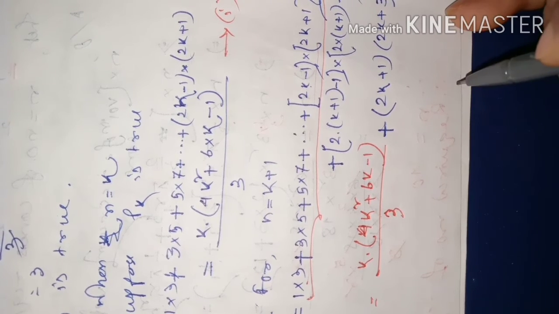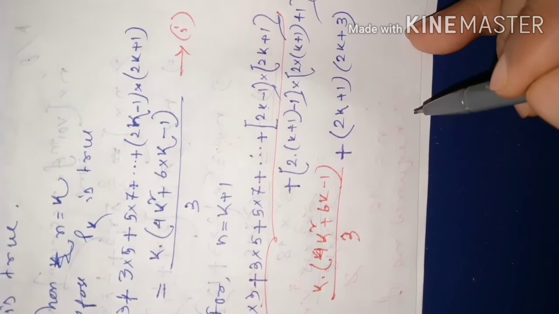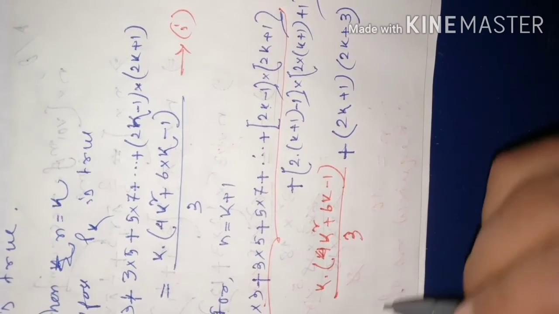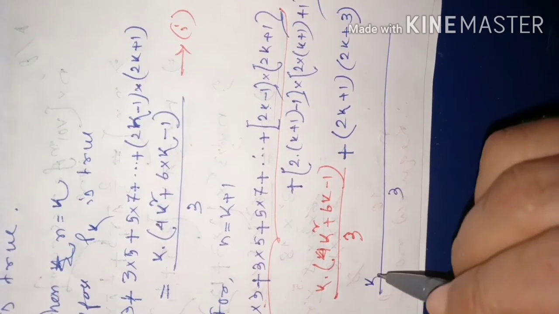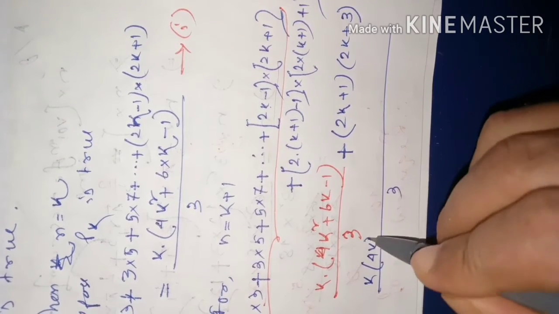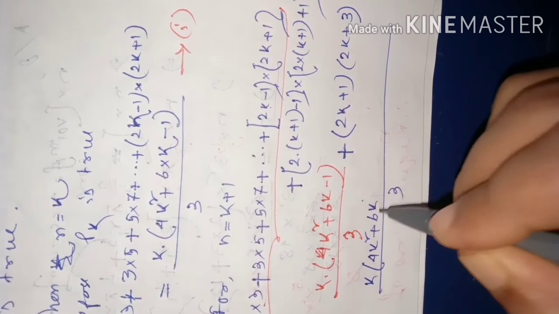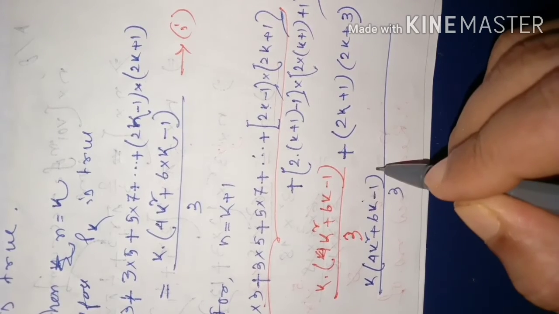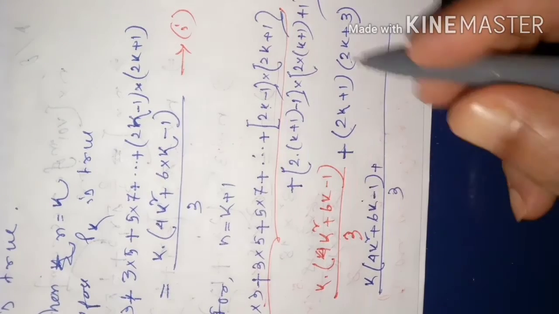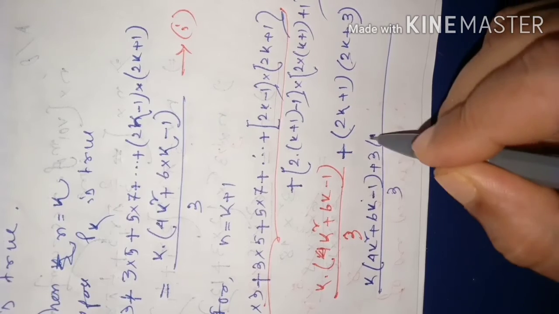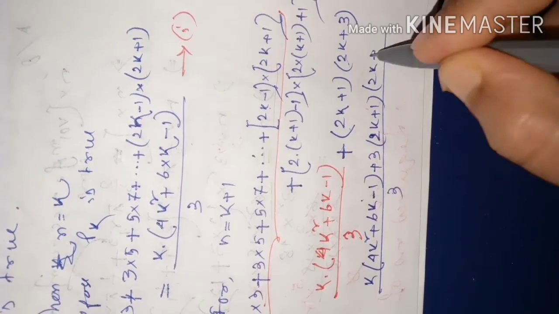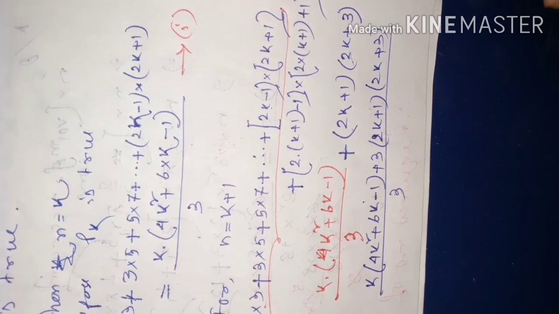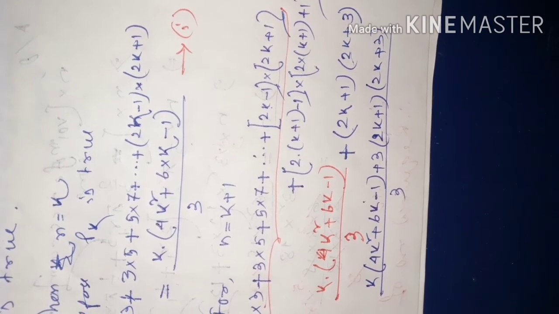So after taking LCM here, 3 is the LCM here. So it will be k into (4k square plus 6k minus 1) plus 3 into (2k plus 1)(2k plus 3). Okay. So now we'll simplify this whole thing.